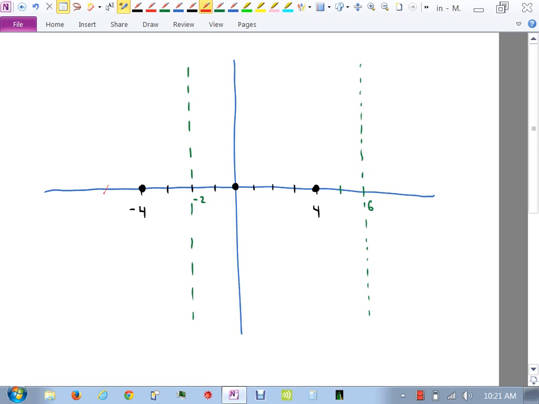So something to the left of -4, like -5, that's going to be a test point. Something between -4 and -2, like -3. Something between -2 and 0, like -1. Something between 0 and 4, something like 2. Between 4 and 6, something like 5. And after 6, something like 7.